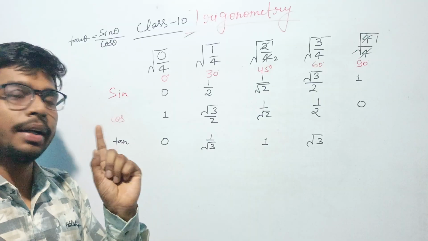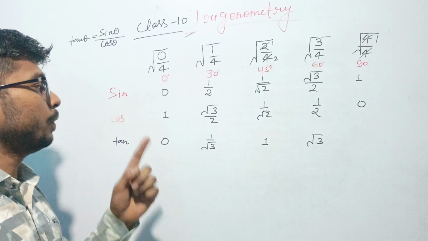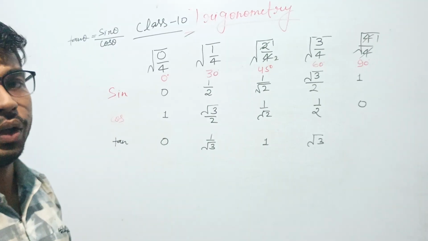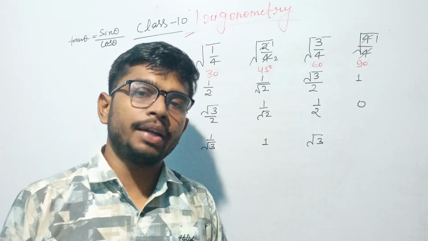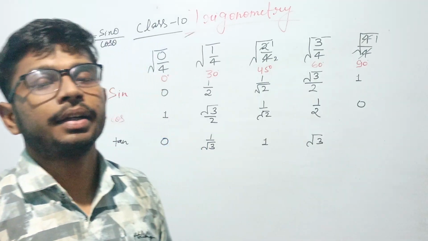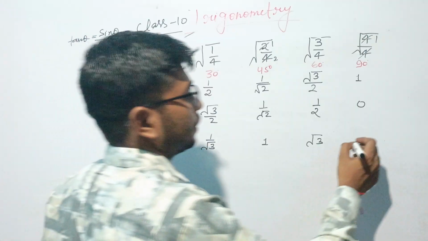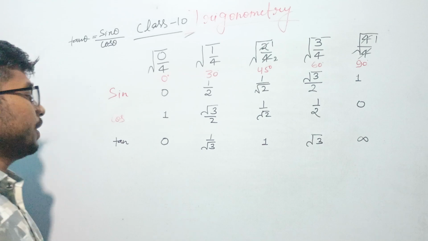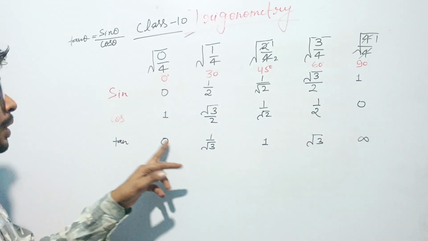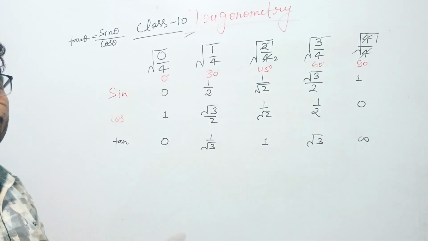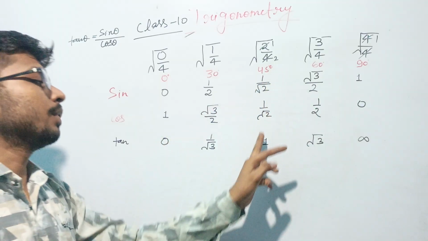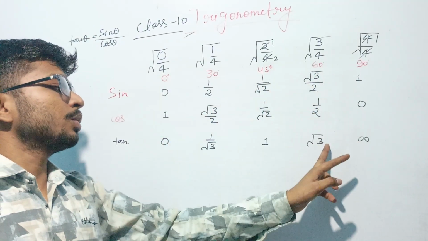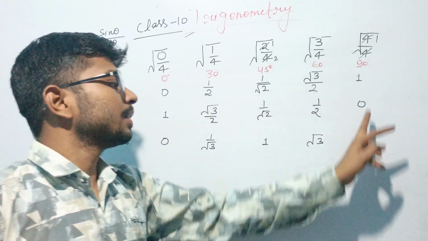I told you earlier how to find 0 by 1 or 1 by 0. If you divide any value by 0, you will get infinite, which means not defined. So tan 0 is 0, tan 30 is 1 by root 3, tan 45 is 1, tan 60 is root 3, tan 90 is infinite.